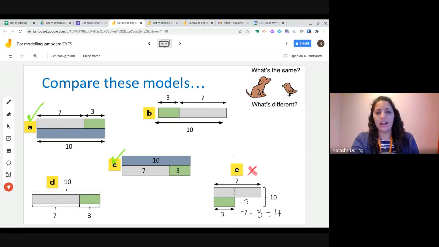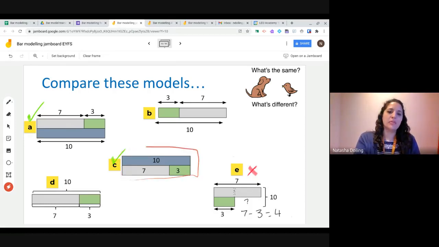Now, lots of you like A and C, and nobody's really mentioned B and D. So as you probably have guessed, it doesn't matter if you have arrows or brackets or if the number's inside or outside. But what I will say, if you were to make bar model C using physical resources, let's imagine you had seven cubes in the grey colour and 3 cubes in the green colour, and then you had 10 cubes in the blue colour.